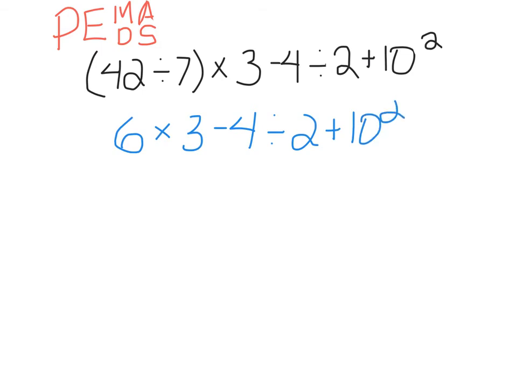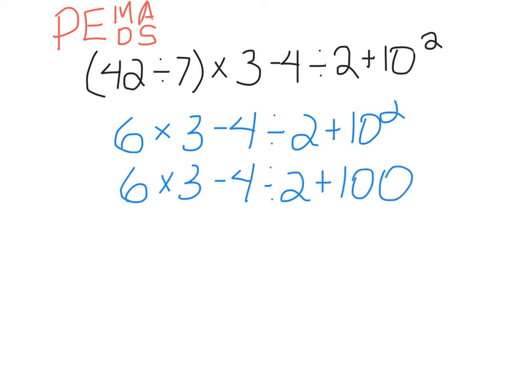The next one would be E, exponents. Right here we have an exponent, 10 squared. So 10 squared would equal 100. So we just recopy 6 times 3 minus 4 divided by 2 plus 100. Now we've taken care of the first two.